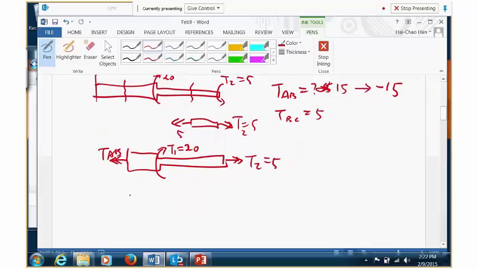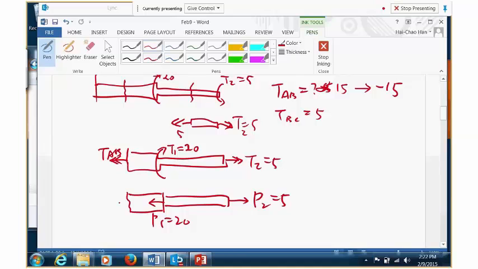Okay, we try to review chapter 2 because the exam is going to come up. So if I have a force P2 here equals 5, I have another P1 here, P1 equals 20. Okay, now what's the N here? N will be negative 15. That's what we just did in the quiz, right?